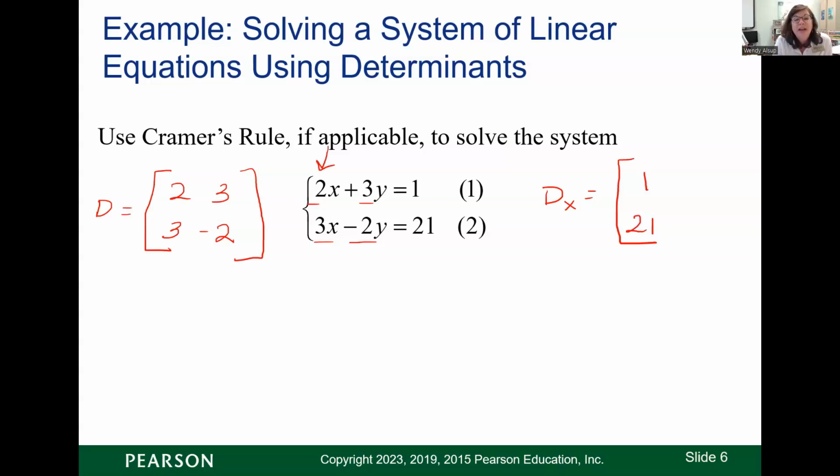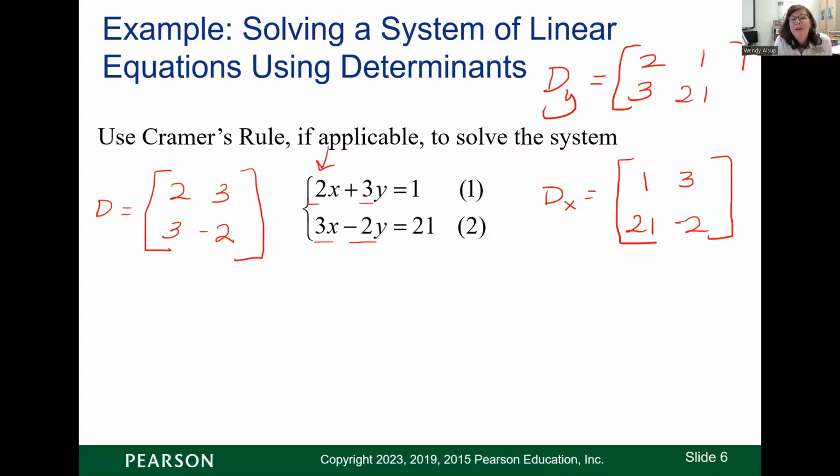But I'm going to keep the y coefficients, 3 and -2. That's D sub x. We're going to make one more called D sub y. Now you might guess how we're going to do D sub y. We're going to keep the x coefficients, the 2 and the 3, and replace the y coefficients with the 1 and the 21.